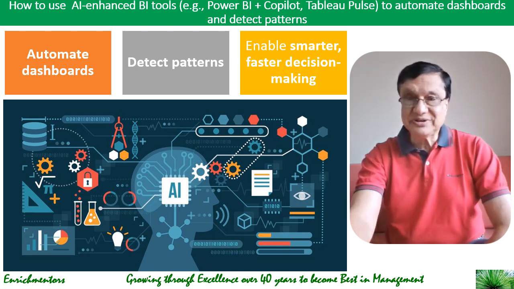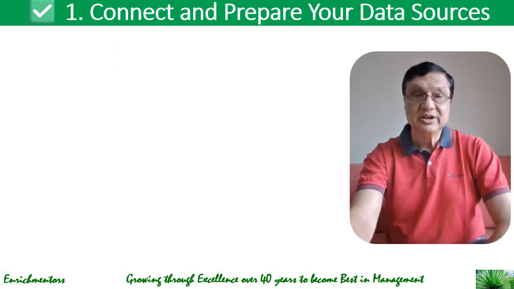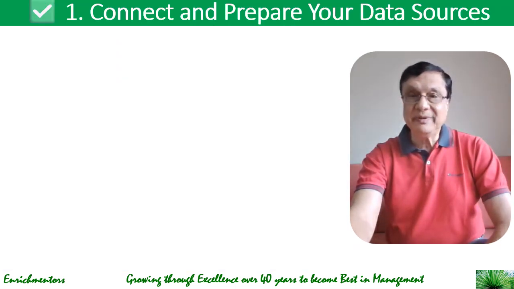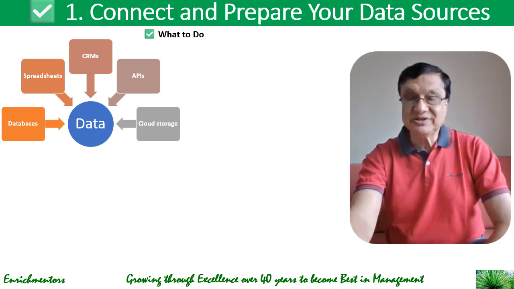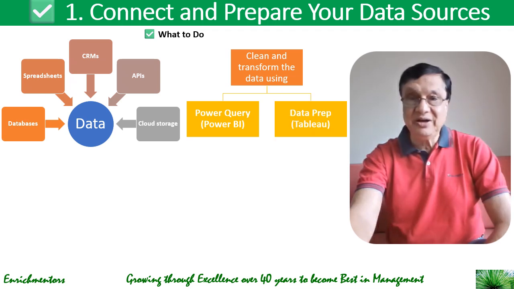Now, what are the steps that you need to take to use these AI-powered BI tools effectively for automating dashboards and pattern detection? Let us take a look at that. So you need to start by connecting and preparing your data sources. And there what you need to do is to import or connect your data from databases, spreadsheets, CRMs, APIs, and cloud storage, etc. Clean and transform data using the Power Query in Power BI and the data prep in Tableau.